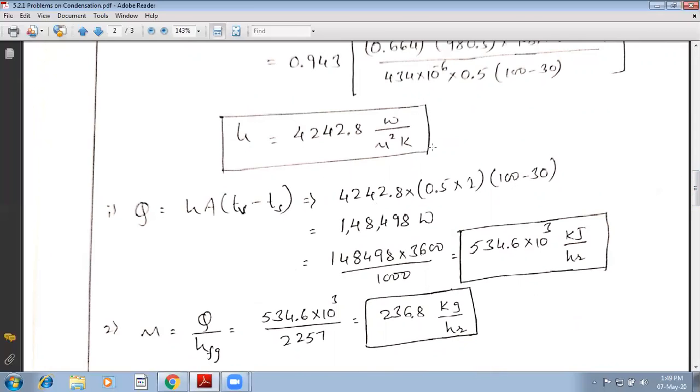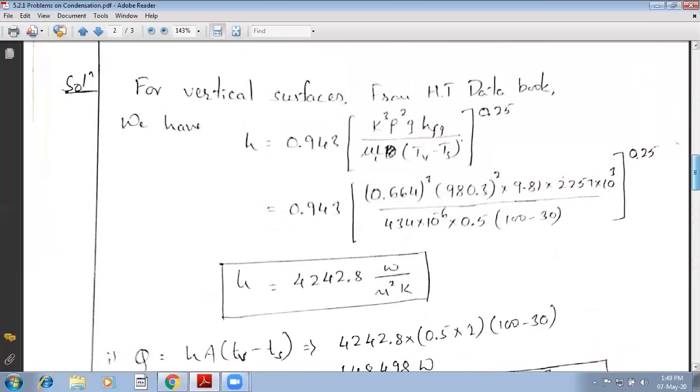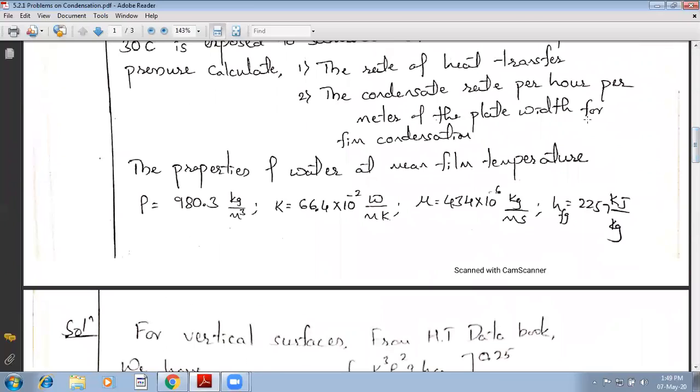Area is nothing but 0.5 into 1. 0.5 is the height, 1 is the assumption for the width, because if you see the problem, he has said per meter width of the plate.